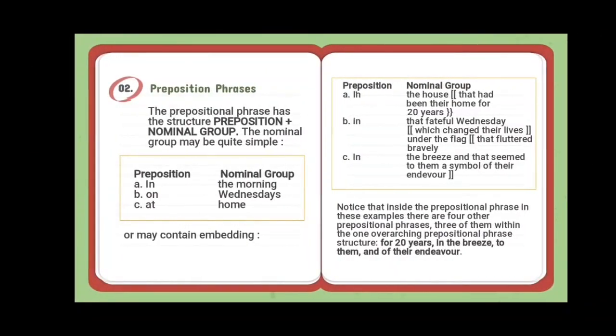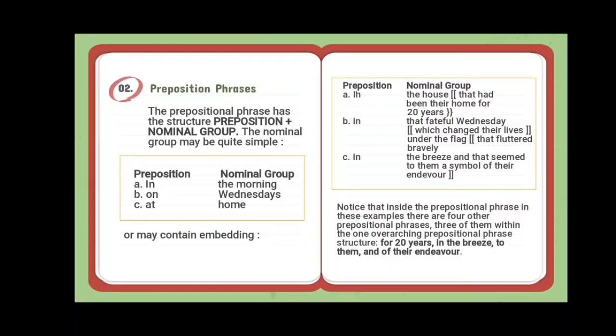Now let's continue to example number 2, that is prepositional phrases. The prepositional phrase has the structure preposition plus nominal group. The nominal group may be quite simple, for example, in the morning, with in as the preposition and the morning as the nominal group, on Wednesday, and then at home.